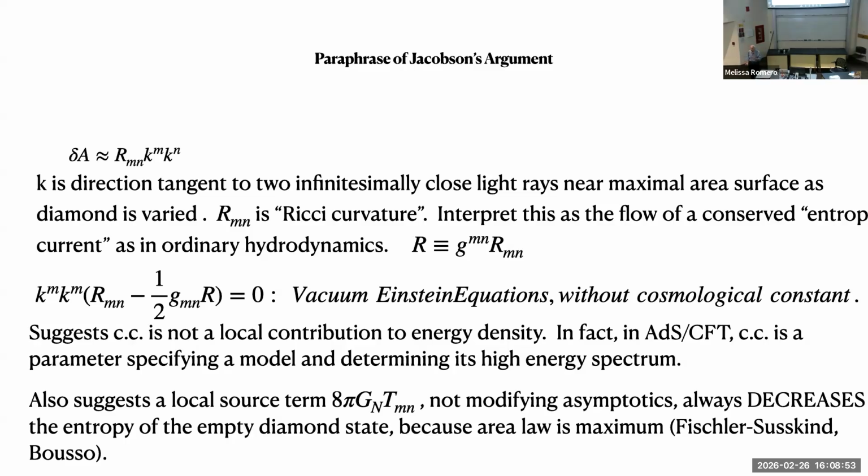So what that means is that if I put some energy density into these causal diamonds, that always decreases the entropy. That's weird. You always think, oh, if I put some energy density into a region, it increases the entropy. Well, I'm going to show you in a little while some evidence that proves that you're wrong.